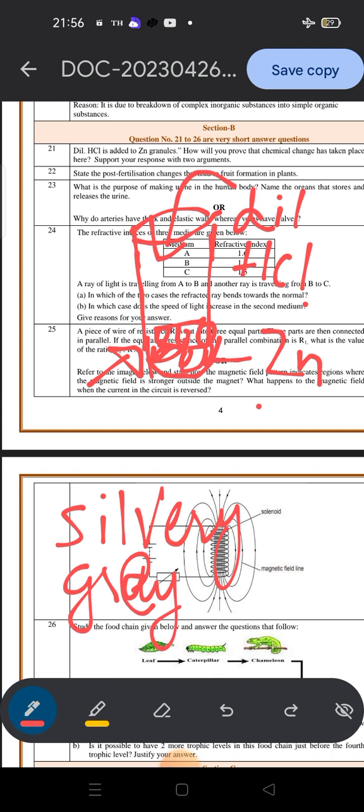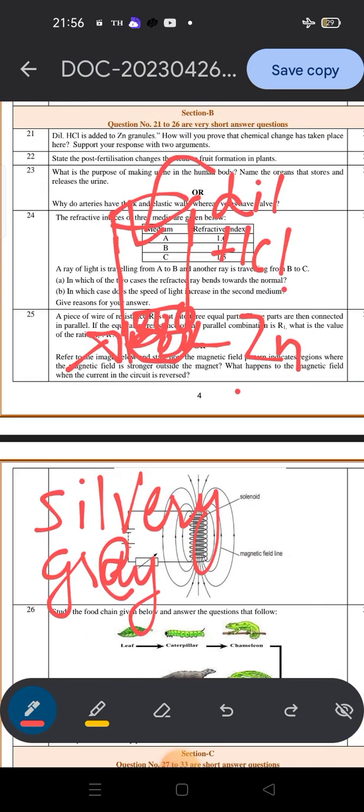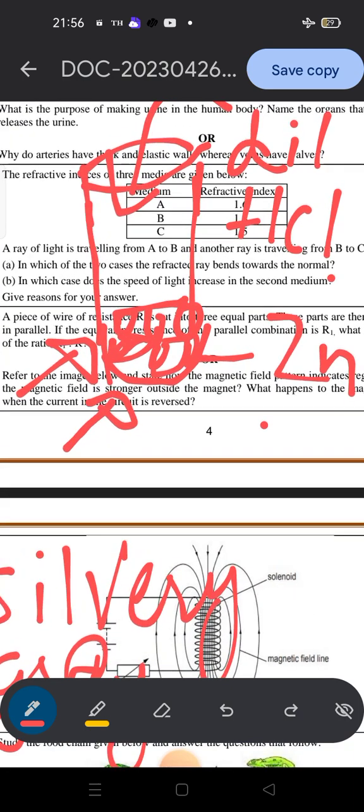And if you hold this test tube near the base, you will feel warmer as the chemical reaction progresses. You are feeling the warmth at the base of the test tube, means there is production of heat, or it's an exothermic reaction.